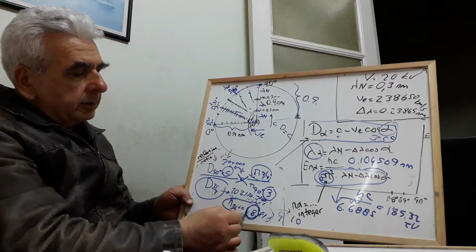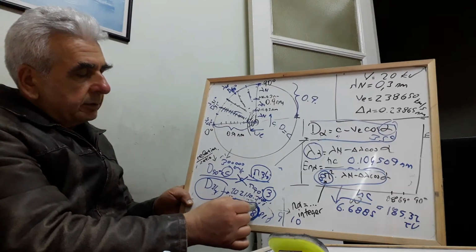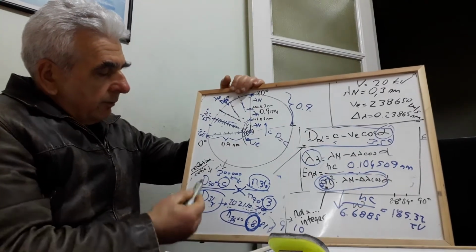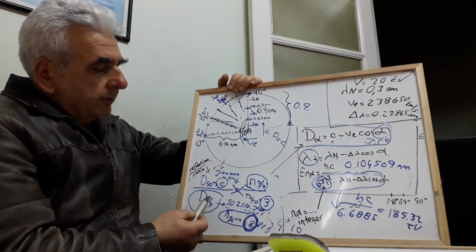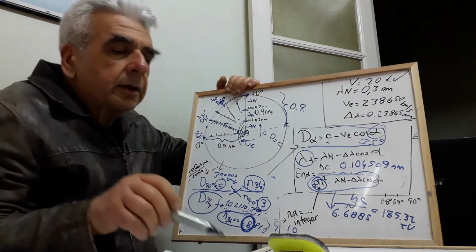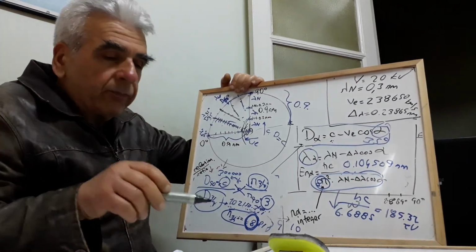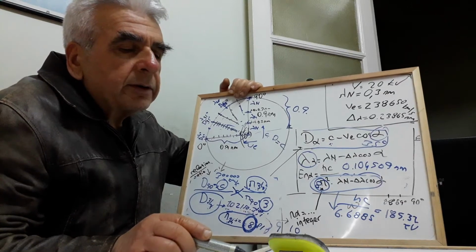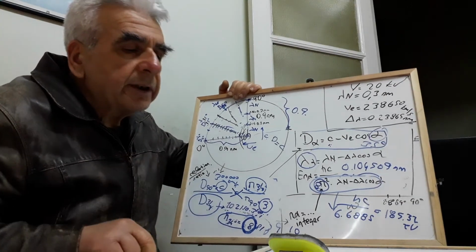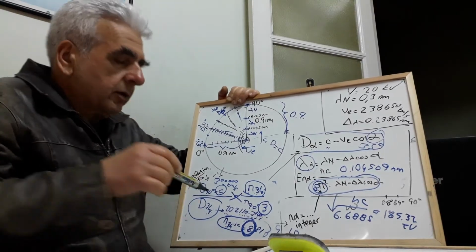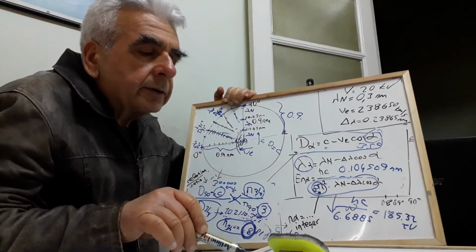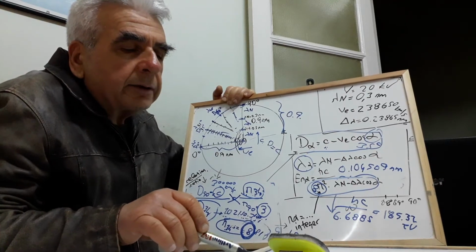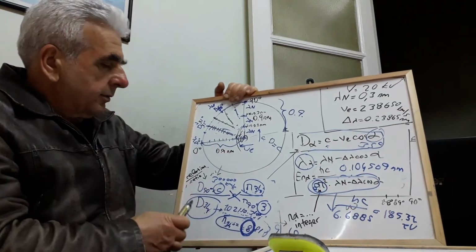Okay, but we take this into account. Then for 34 degrees, cosine 34 is 0.829 and goes on.